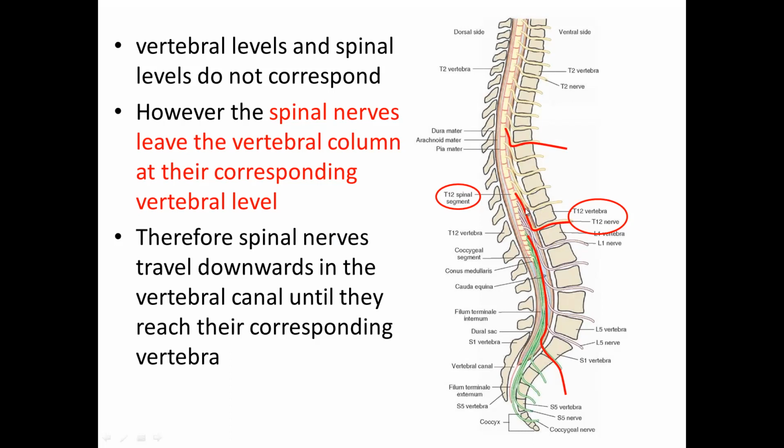So the T12 spinal segment will have a spinal nerve exiting at its appropriate vertebra. It will travel for some distance within the vertebral canal before exiting. That's why spinal nerves travel downwards in the vertebral canal until they reach their corresponding vertebrae.